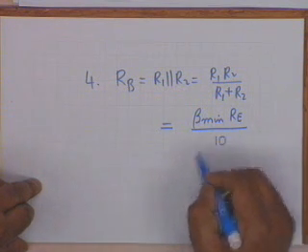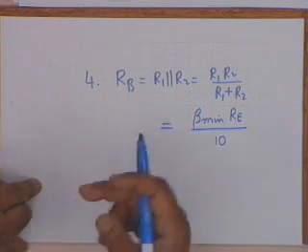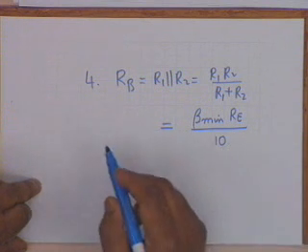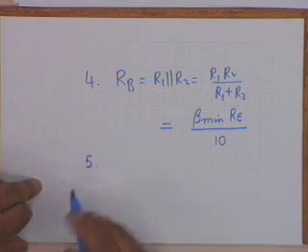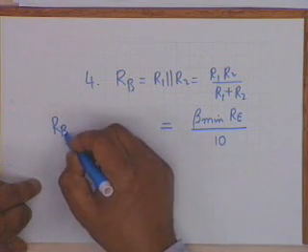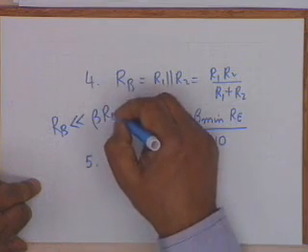All right, so you choose an RB. Why divided by 10? What I want is RB should be much less than beta RE. This is the rule of design, all right, much less than.